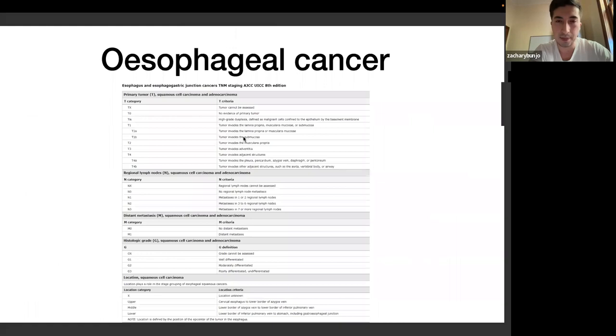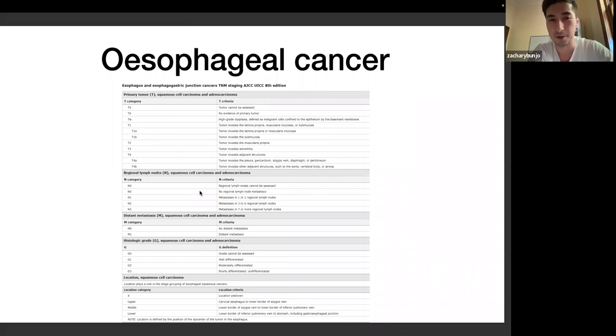Okay, so I've included here just for your reading the TNM staging. To be honest, it'd be pretty cool, I reckon, to grill you guys on this in an exam setting. But I guess just have an appreciation of some of the main layers of the esophagus and the implications that has for T staging.